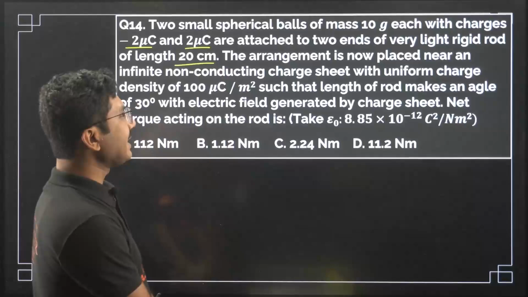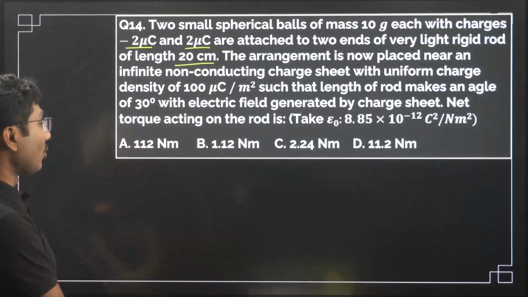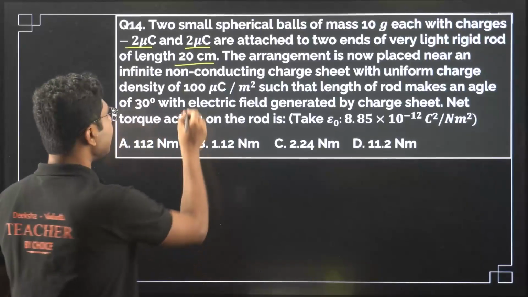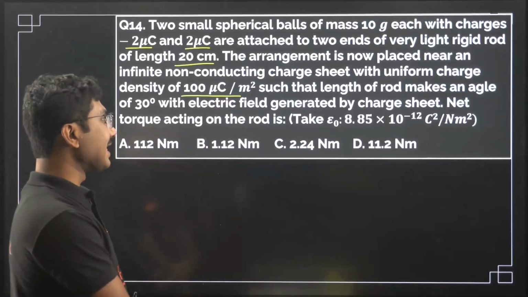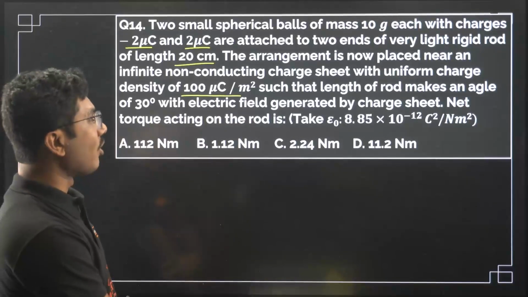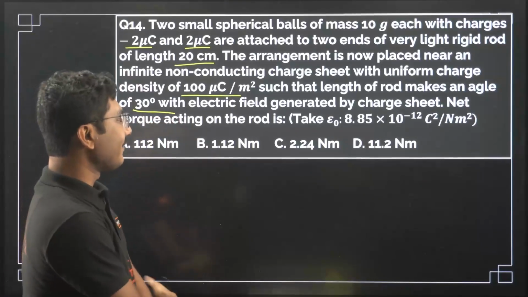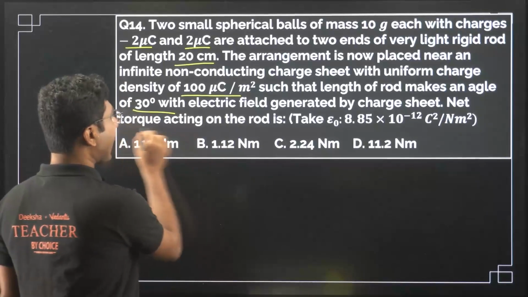The arrangement is now placed near an infinite non-conducting charge sheet with uniform charge density of 100 microcoulomb per meter square, such that the length of the rod makes an angle 30 degrees with the electric field generated by the charge sheet. Net torque acting on the rod.